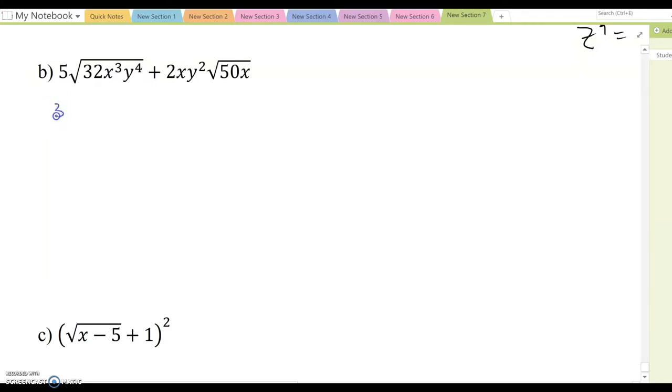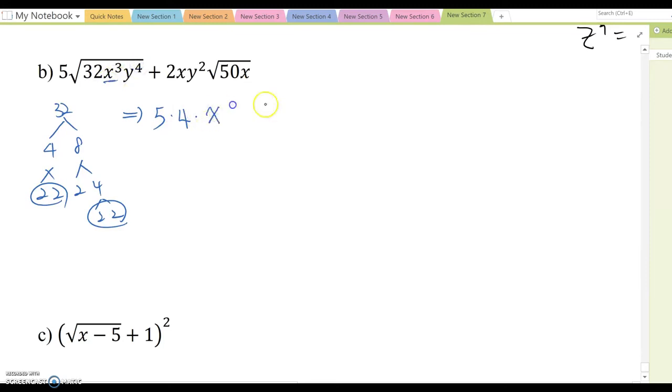So 32 means 4 times 8, this is 2 times 2, 2 times 4, and 2 times 2. Okay, so it becomes 5, 1, 2 pair come out, which is 4. And in the x case, 1 comes out, 1 left inside. In the y case, y squared all comes out.